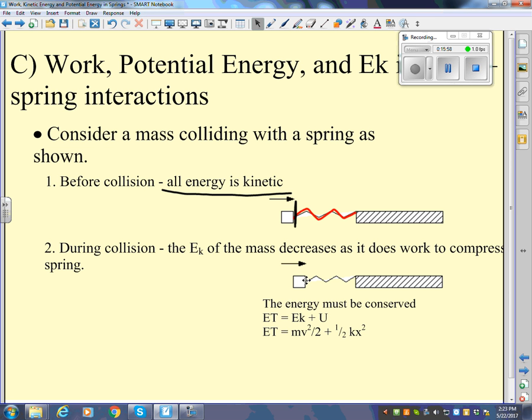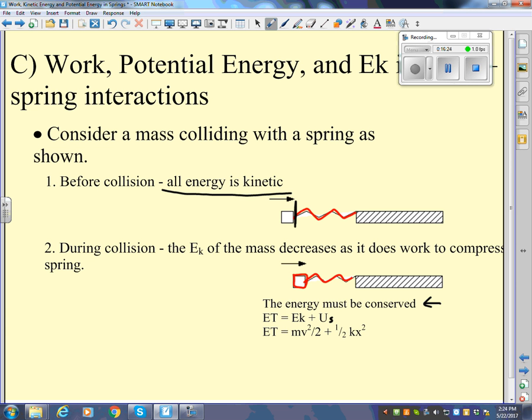So you can see here that the spring is slightly compressed, right? And there's the block that's moved a little bit to the right, and it's actually slowed down. Now note that energy must be conserved, conservation of energy. So ET, total energy, is equal to EK, kinetic energy, plus potential energy. I guess that should technically be a US.